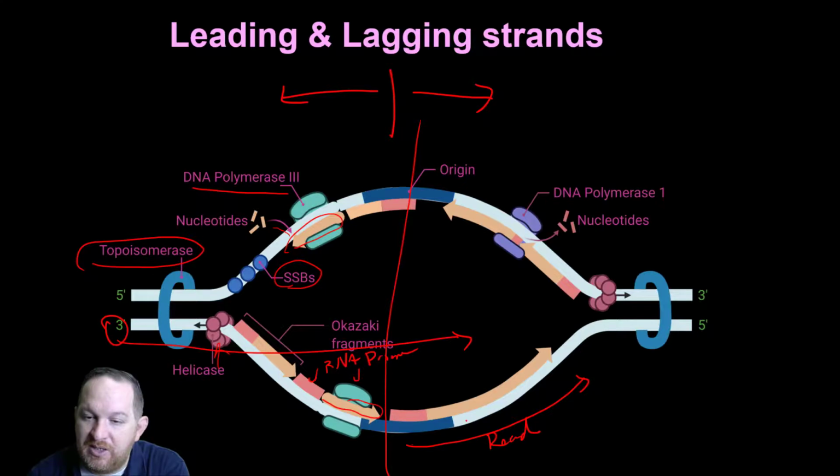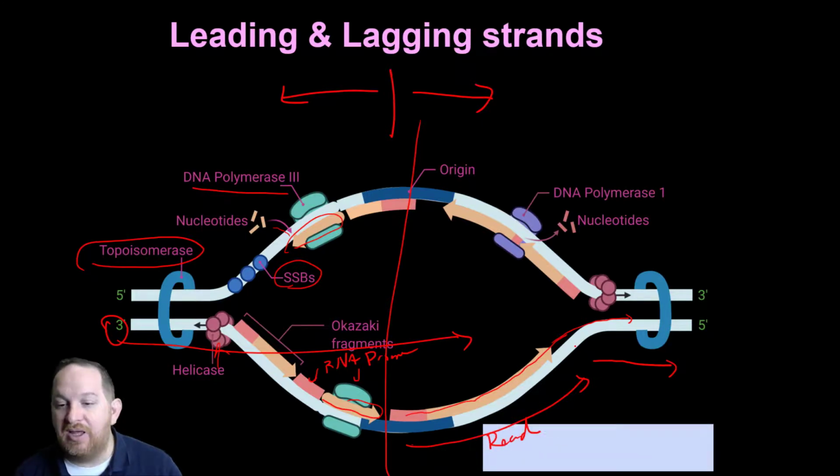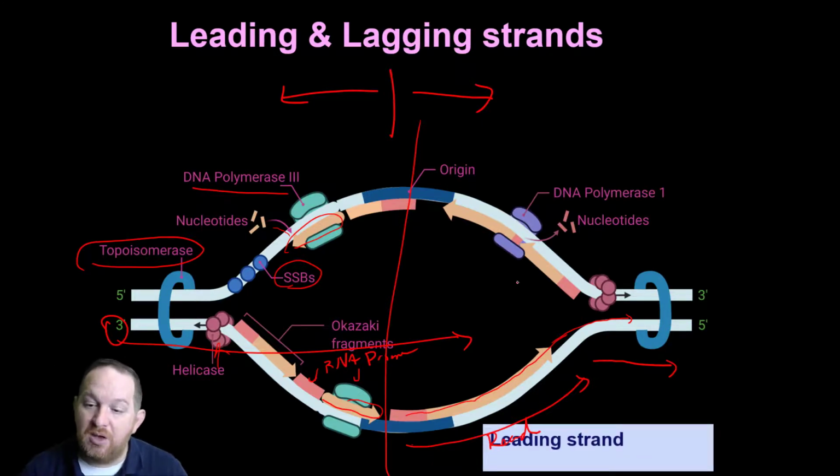So if it's reading in this direction and helicase and topoisomerase are opening up this way, we're actually moving and opening as we go in this direction. So this strand here can actually be manufactured continuously, right? So it just starts, keeps going, adds new bases, adds new bases, more opens up, adds new bases, etc. So that is what we call one of the leading strands because it is continuously synthesized.